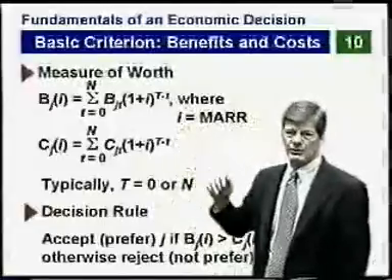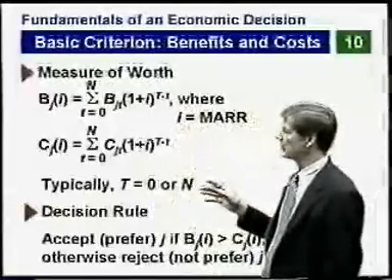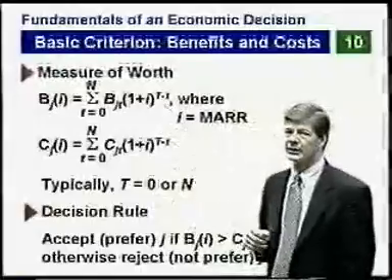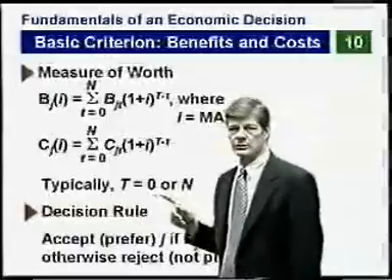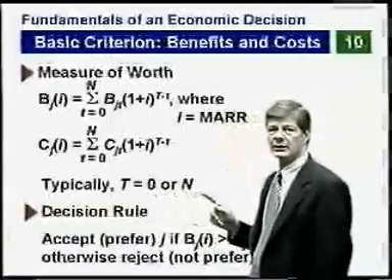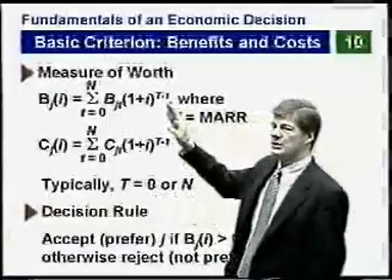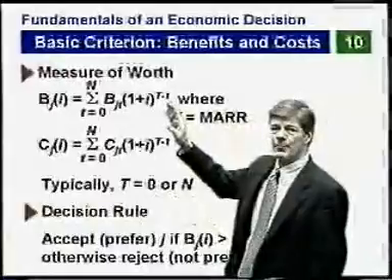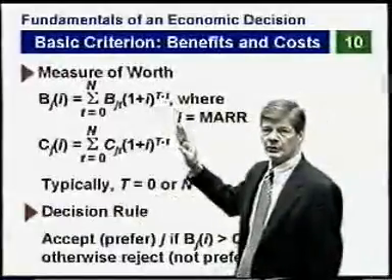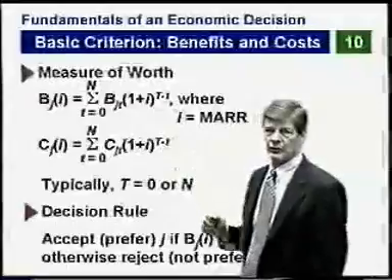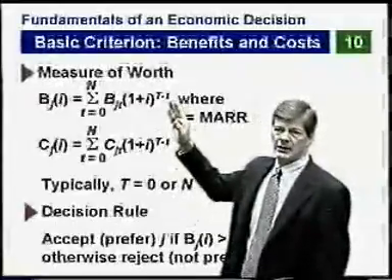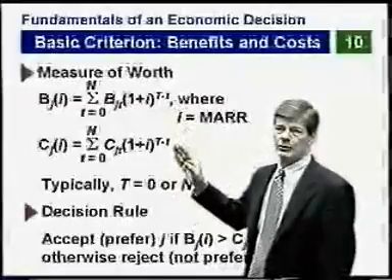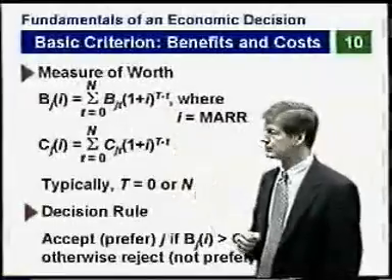Now, this is the most general representation. Typically, the point in time to which we compound these cash flows will either be time 0 or time n. In other words, this basically says find either the present worth of all the benefits and the present worth of all the costs, or find a future amount of all the benefits and a future amount of all the costs.